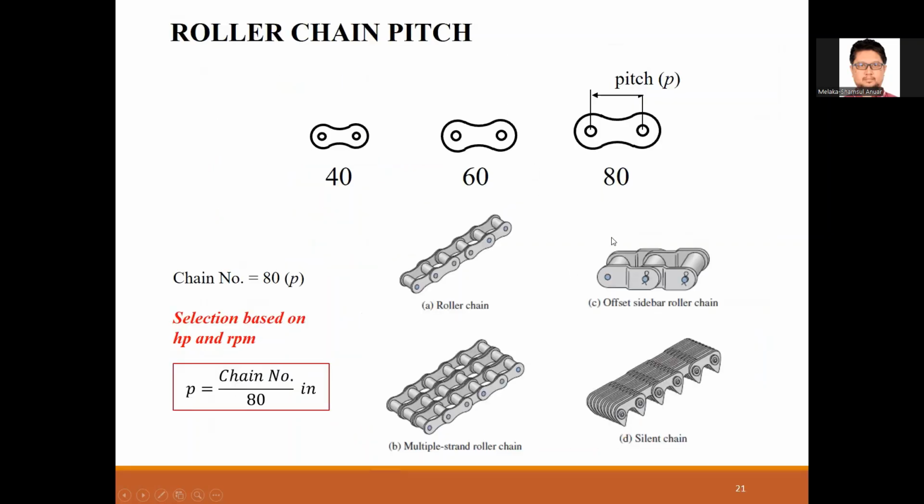Okay, like I mentioned, the base one is this pitch, the chain number 80, because chain number 80 will result in a pitch of 1 inch. So 80 divided by 80 is 1, but you have other chain numbers as well. And all this also depends on the chain manufacturer.